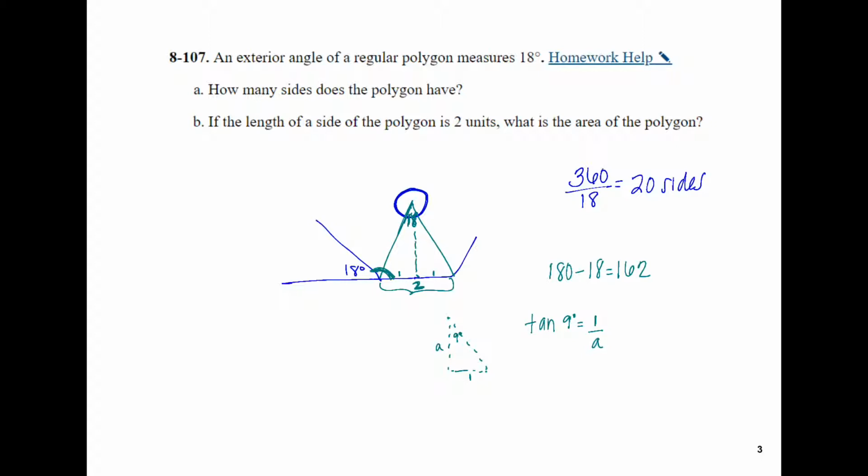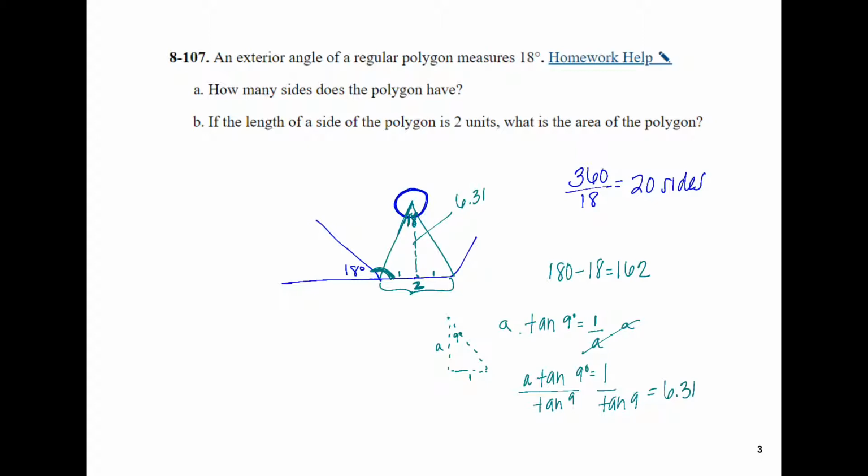So using inverse operations, we multiply, a over a cancels out. A times the tangent of 9 degrees equals 1. We need to divide by the tangent of 9 degrees. So when we take 1 divided by the tangent of 9 degrees, we get 6.31 as the height of our triangle.